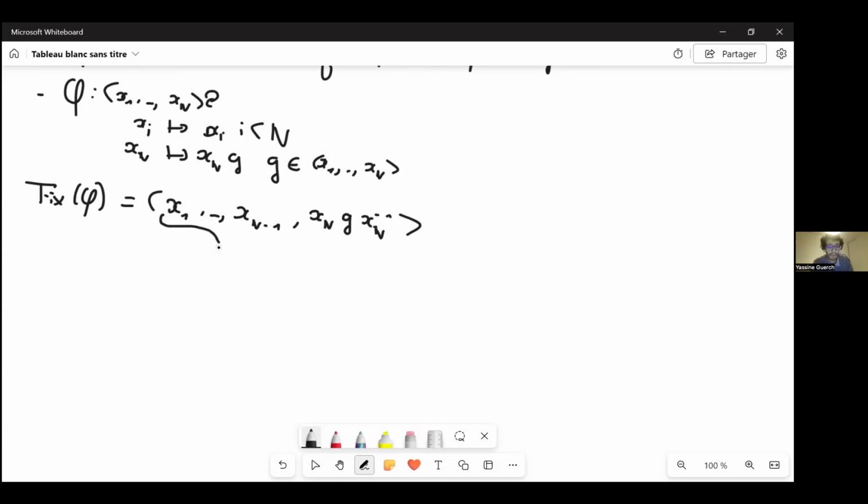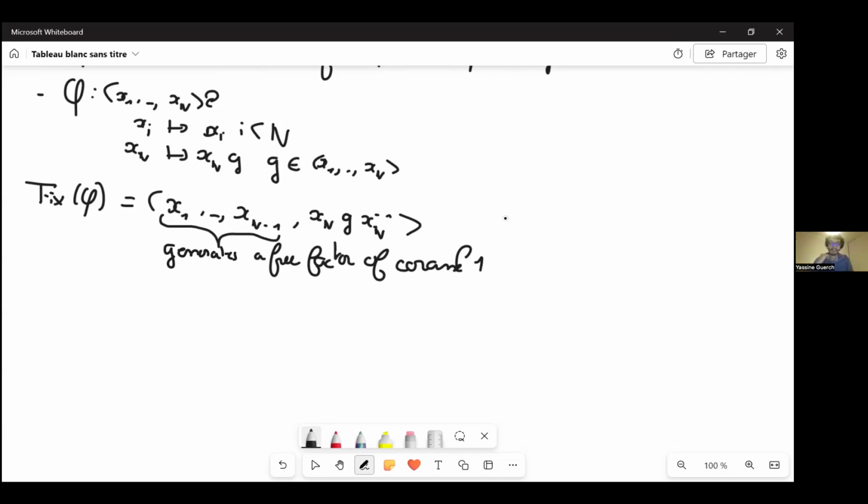So the first n minus 1 elements generate the free factor of corank 1. So any free factor which contains fixed phi will be of rank n, and the only free factor which is of rank n is the whole group itself.